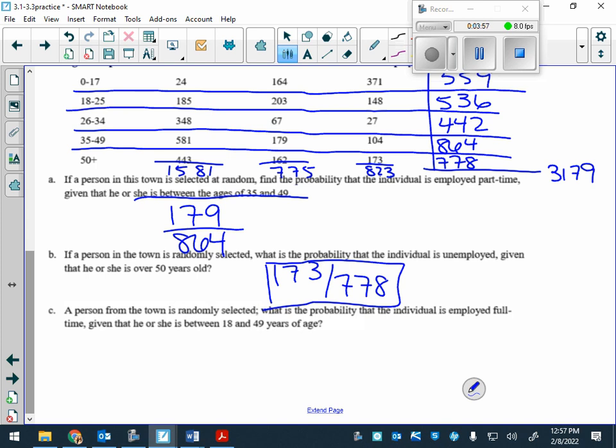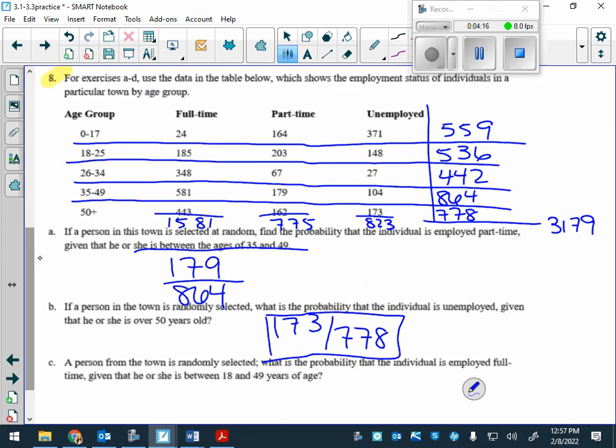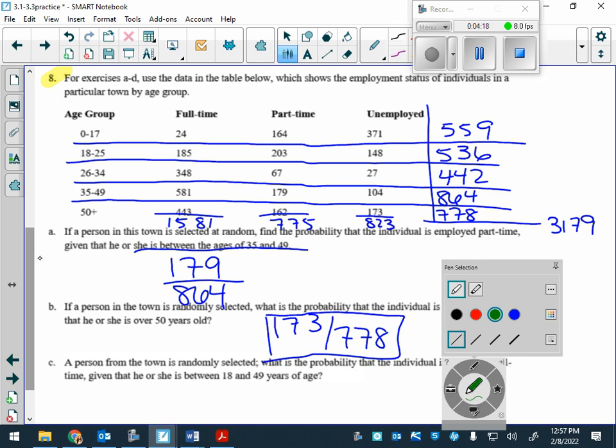A person in town is chosen randomly. What is the probability the individual is employed full-time given he or she is between 18 to 49? Louise? Excellent. Okay, that is the reduced fraction because it's 18 to 49. So 18 to 49 includes these three. So you have to add together 536, 442, 864 as your denominator.